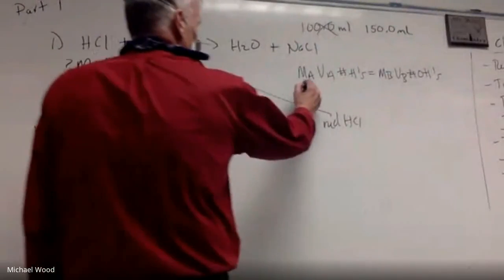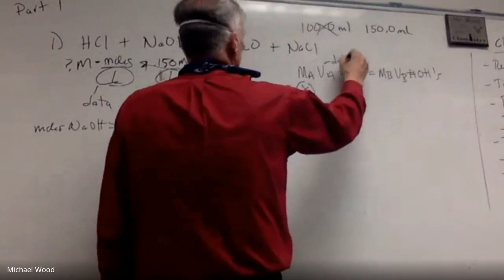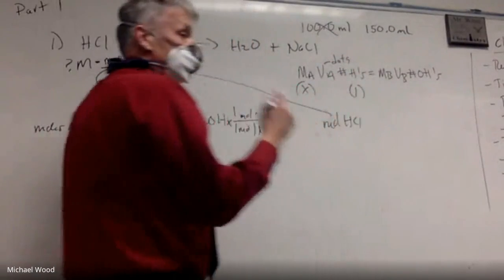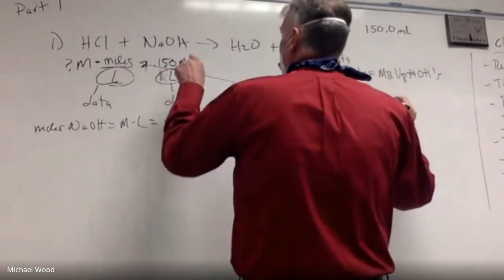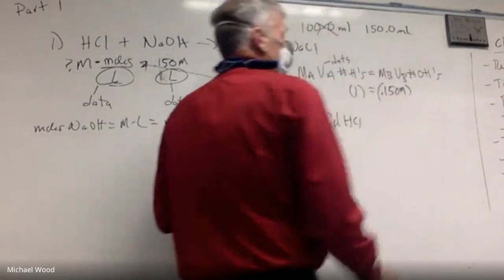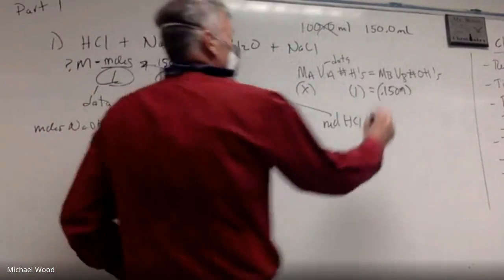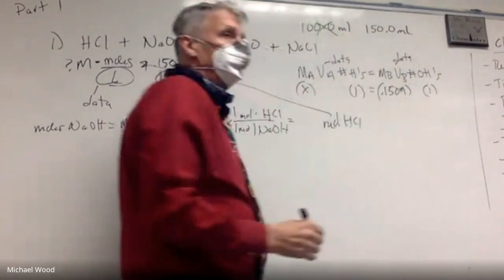Well, the molarity of the acid is X. This is in the data table. This will be the volume. The number of H's is 1 because it's HCl. The molarity of the base, this is the one I want you guys to do for class, you're going to make it 0.150 molar. This again is going to be in the data table, and the number of OHs is 1.